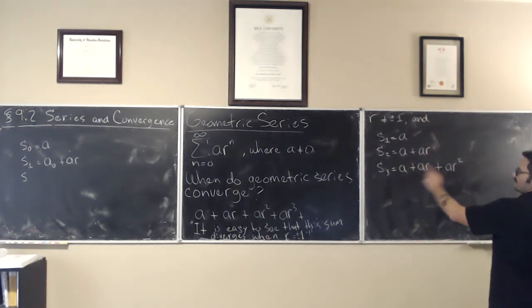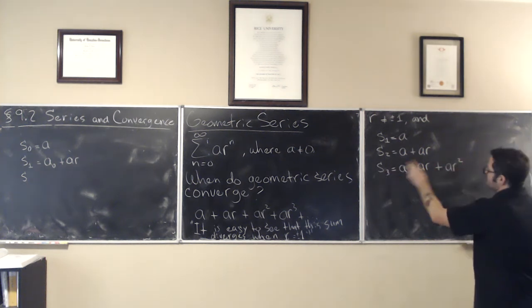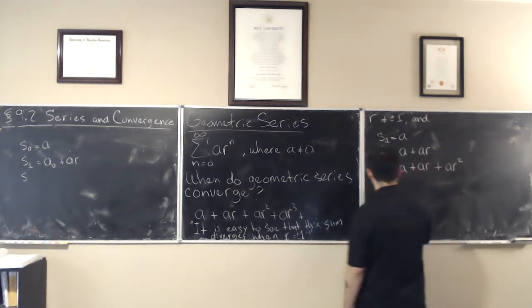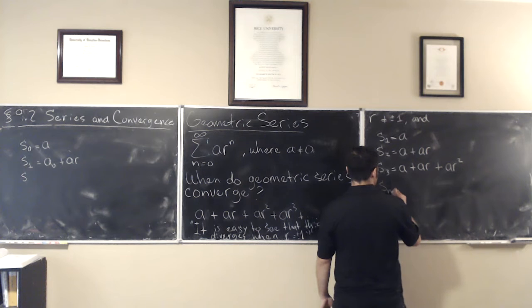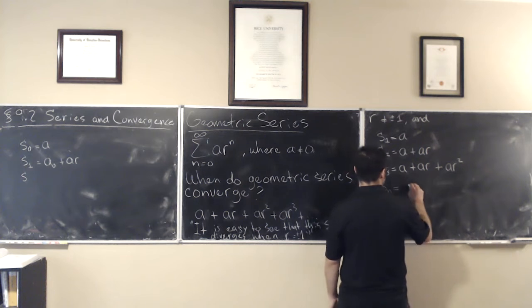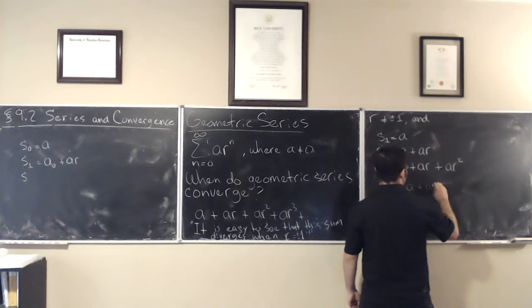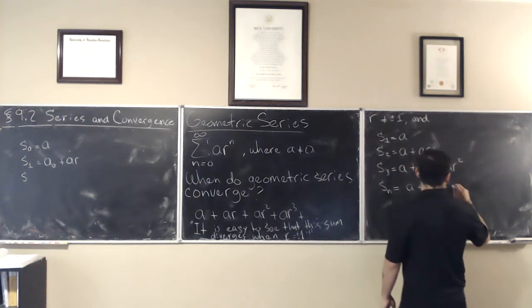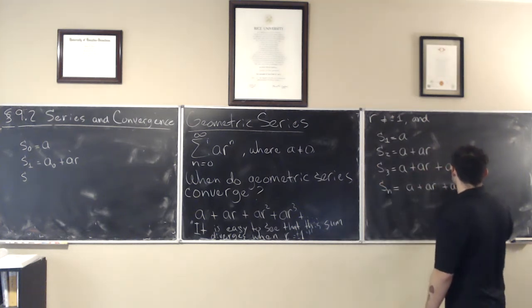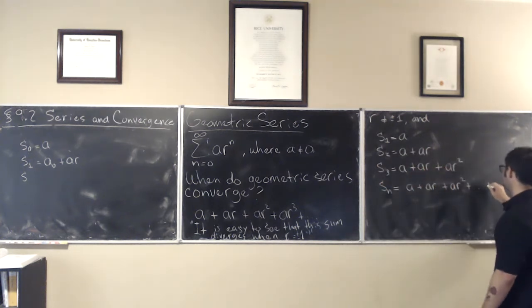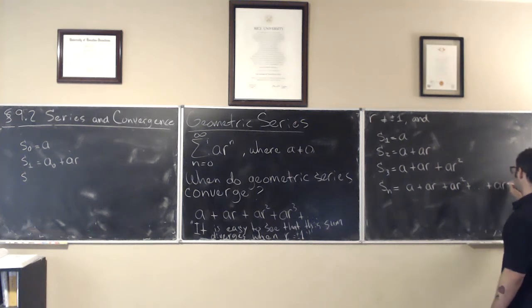The last index is this index, the last power is this index minus 1. So in general, Sn is going to be equal to A plus A times R plus A times R squared plus dot dot dot plus A times R to the power n minus 1.